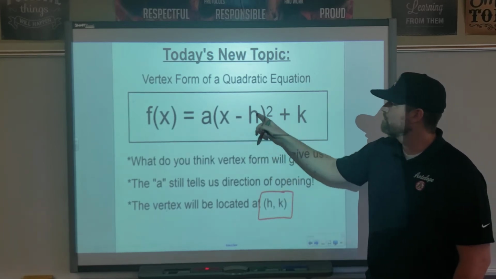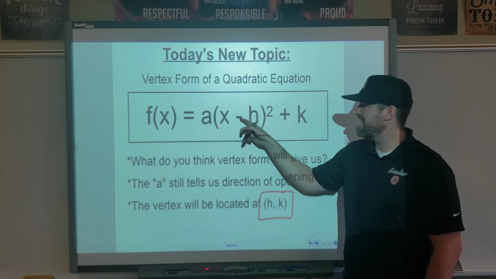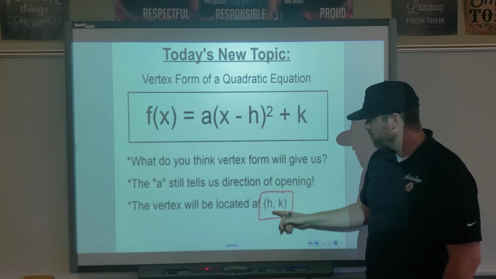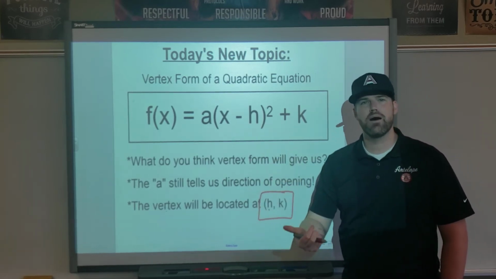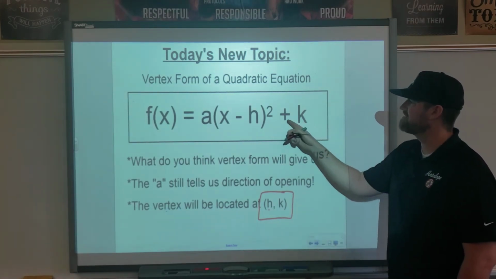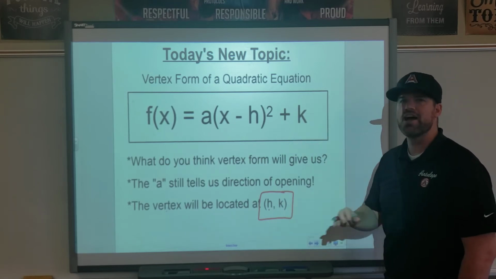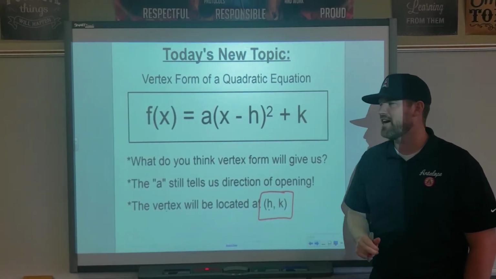So whatever number is here, let's say it's minus 2, we know that because it has the negative in here, what we put here will actually be the opposite, just like when we did factored form. But the k has a plus. So when we know this number here, we're just going to put it there. We don't have to change the signs. It's not like factored form.